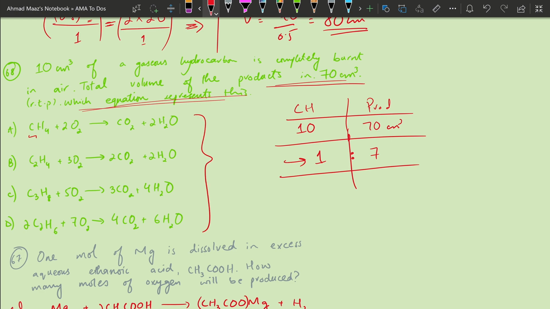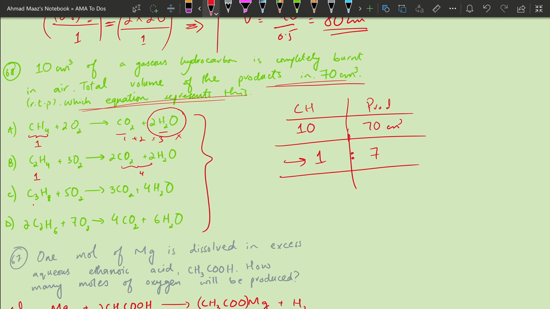Let's do this. 1 mole of hydrocarbon gives 1 plus 3, 1 plus 2, 1 plus 2, a total of 3 moles of products. That is wrong. Now 1 mole of hydrocarbon is giving 4 moles of gases. Wrong, we do not get this ratio 1:7.